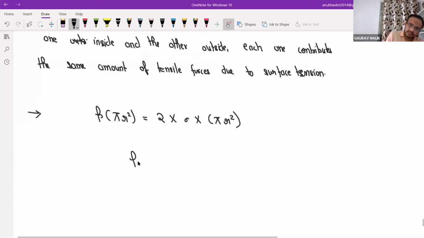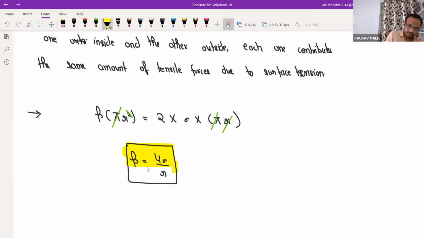So pi and pi will cancel out, and it should be equal to 2 pi R into 2 sigma. This will cancel out. So P is equal to 4 sigma by R.